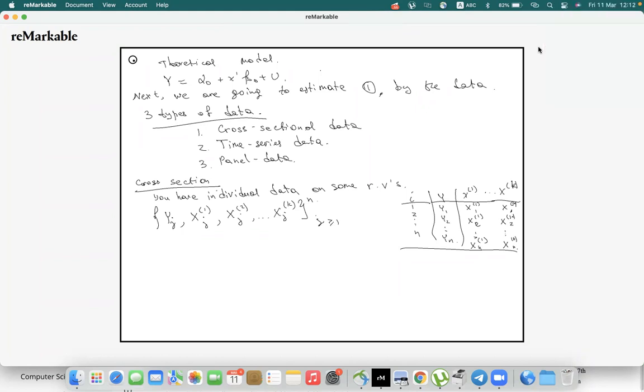Do you guys want me to show you the time series or panel data? I mean, I can. Okay, let me show you briefly the definition, but I will not draw because drawing takes too much time.